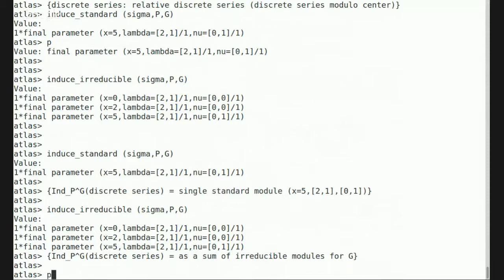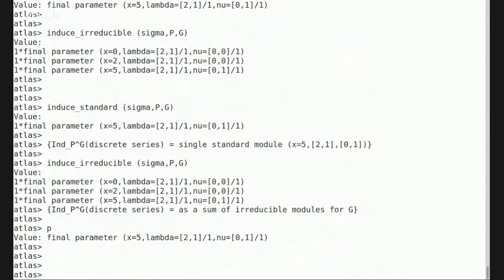So I have this parameter P, and as I said in the notes at the beginning, associated to P is an I of P, which is a standard module, and also J of P, which is an irreducible.